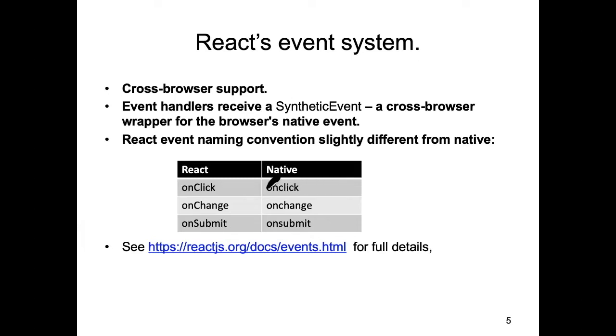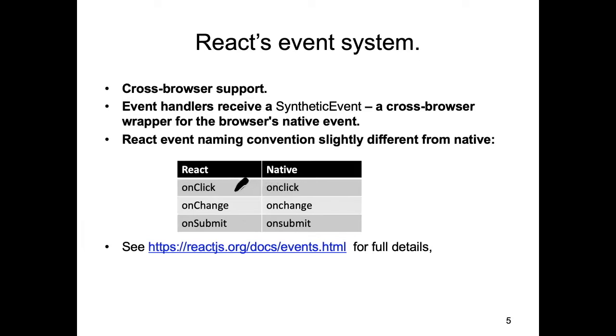So you've got the native onclick event and onchange, where they're spelt all lowercase, as you can see, whereas React uses camel case for its event naming convention. That would be relevant if you had happened to do any basic browser-based event-driven programming prior to coming across React, which more than likely you haven't.